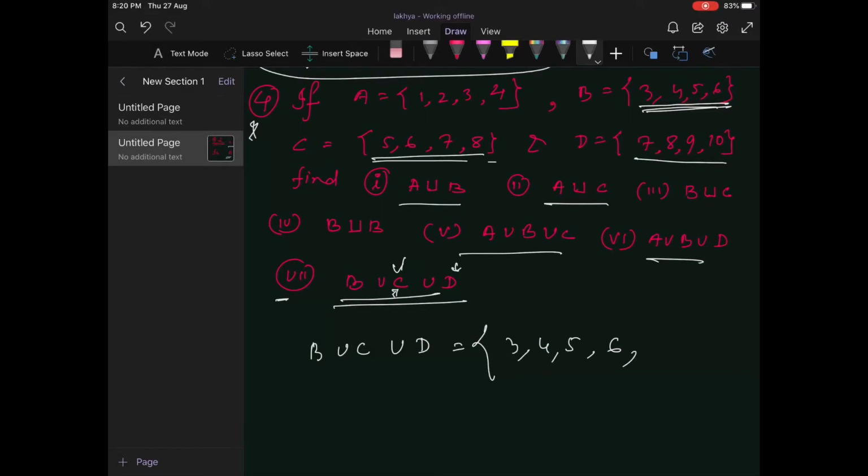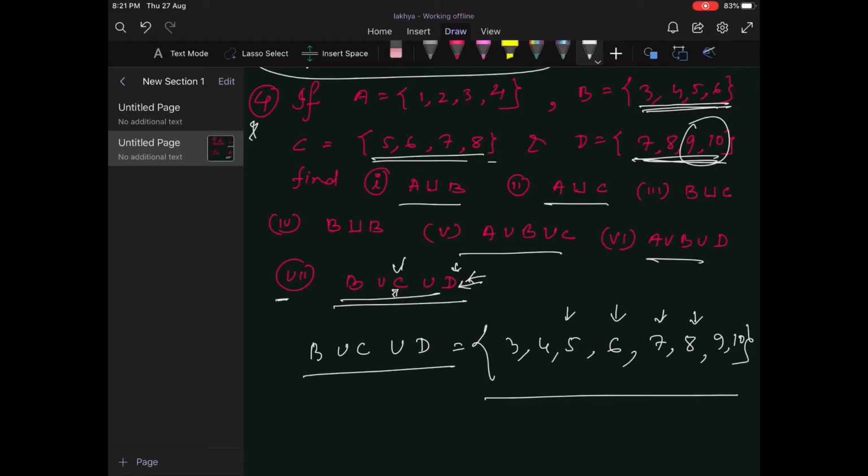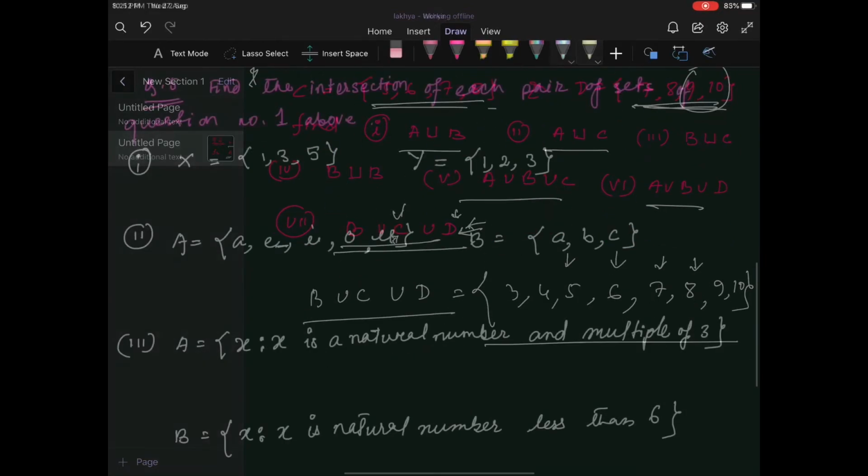Then take the elements in set C, 5, 6, 7, 8. 5 and 6 are already written, so just add 7 and 8. Then take the elements in set D, 7, 8, 9, 10. 7 and 8 are already written, so let's take 9 and 10. That's how we can find it.